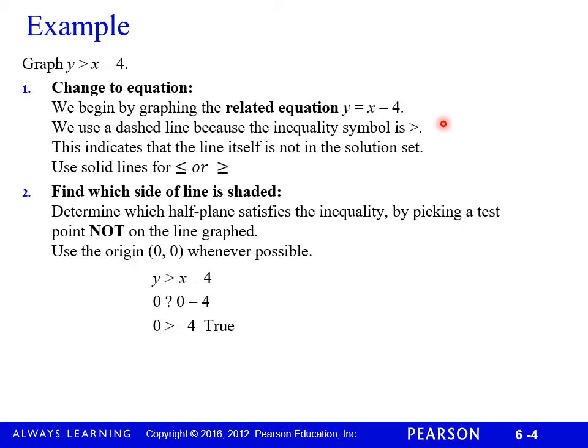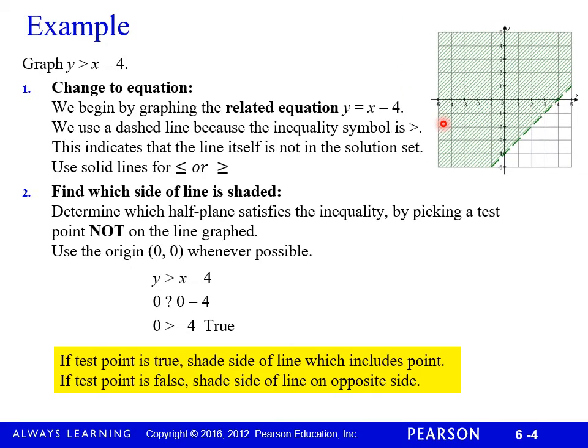If we look at the origin, substituting in 0 for x and 0 for y, we get 0 is greater than 0 minus 4, 0 is greater than negative 4, and this is indeed true. If a test point is true, we want to shade the side of the line which includes the point. So here's our dashed line representing y equals x minus 4.